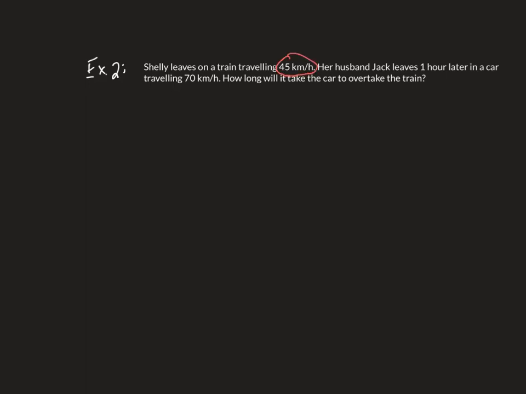Her husband, Jack, leaves 1 hour later in a car traveling 70 kilometers per hour. Okay. How long will it take the car to overtake the train? Okay. So once again, you have a how long question.